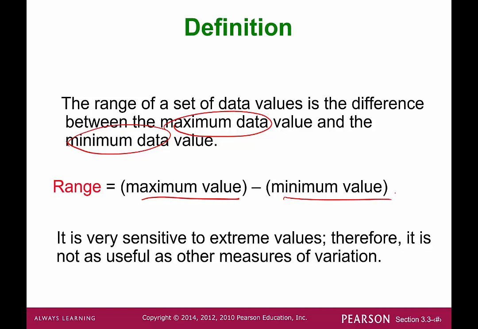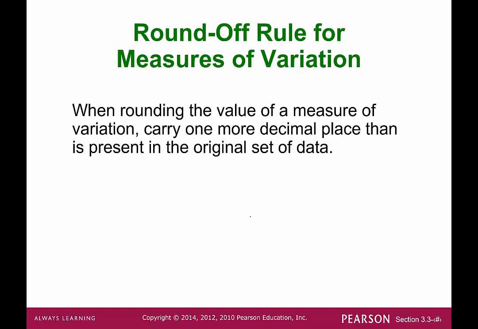Because we include the maximum and minimum value in the calculation, range is very sensitive to extreme values or outliers. So it's not very useful to use the range to measure the variation for the data set.